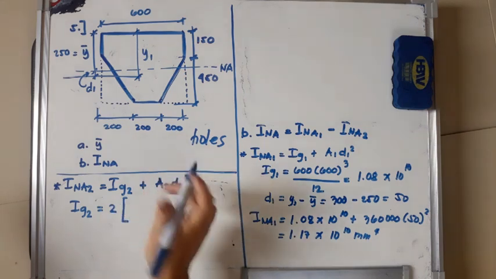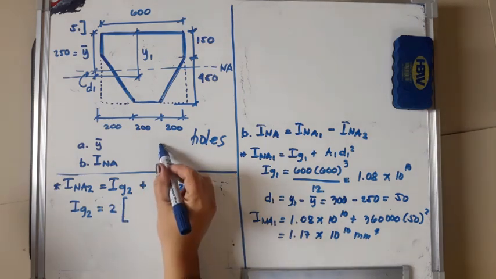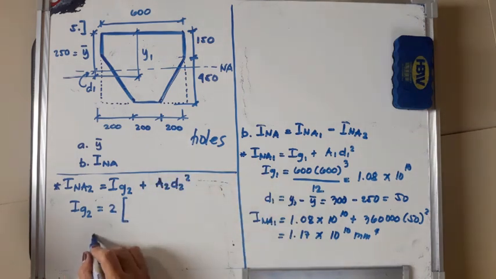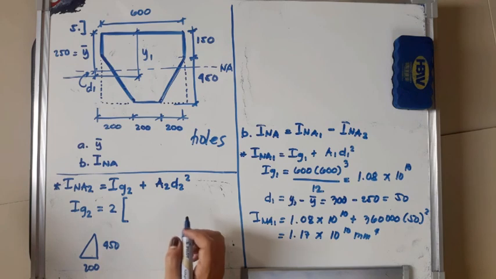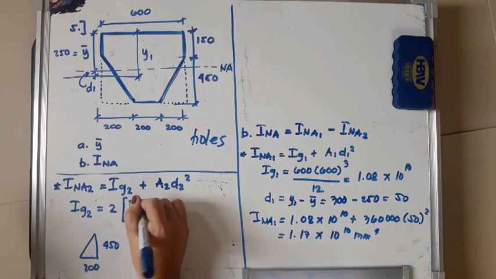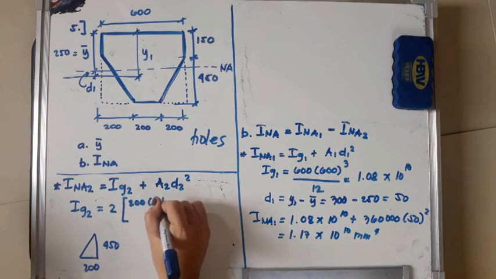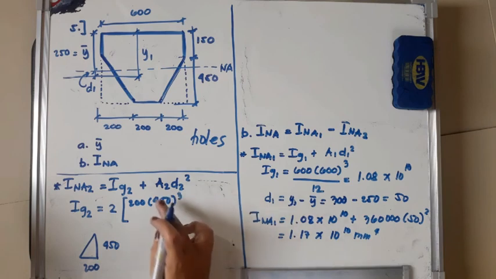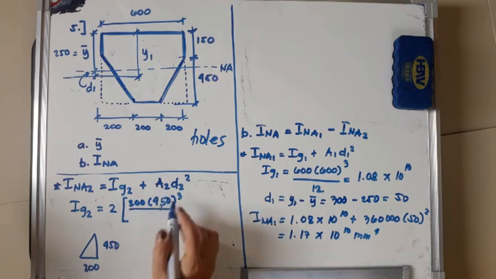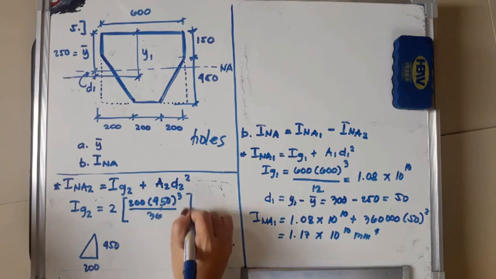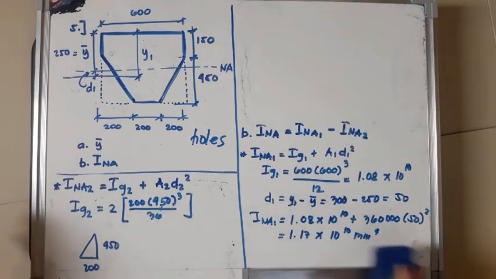So the base of one triangle is 200 and the height is 450. So base times height raised to 3, over 36. So this is your Ig2.